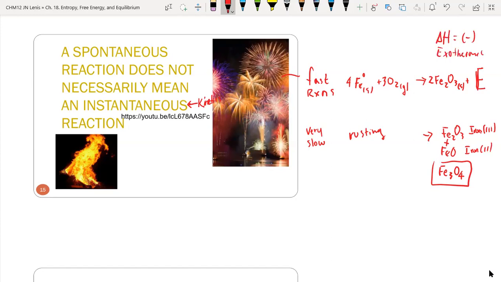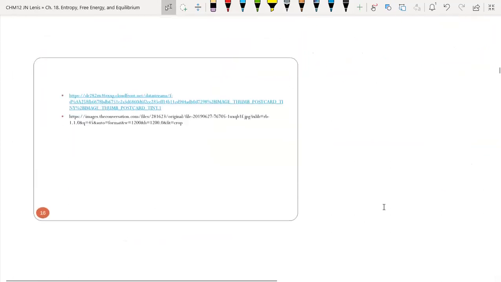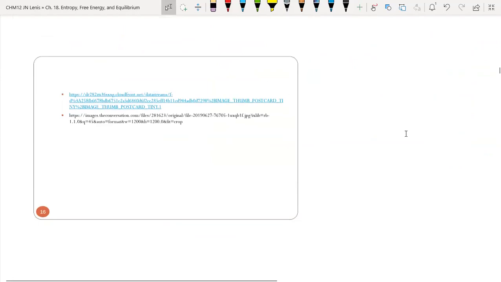Sound, the very loud process, light, different frequencies of light, kinetic energy of particles traveling very fast. So there are different transformations of energy coming out of the chemical process.